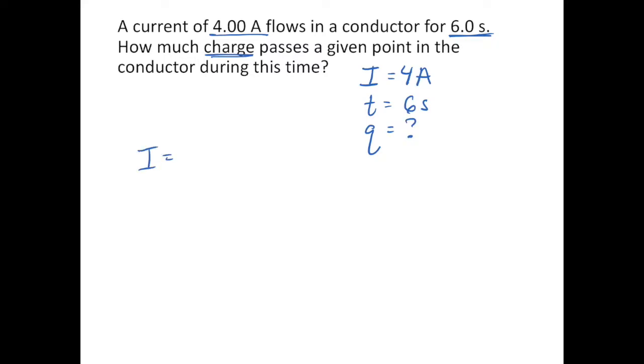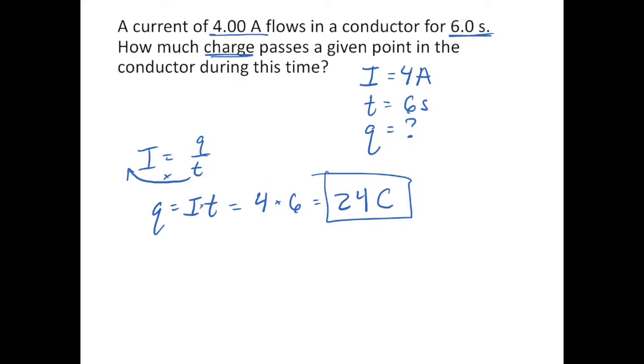We have the same equation, I equals Q over T. If we do some algebra, we take the T to the other side. We get Q equals I times T. And so we get 4 times 6 equals 24. And the units are coulombs. So our answer is 24 coulombs.